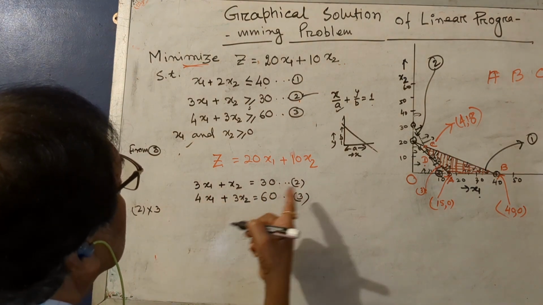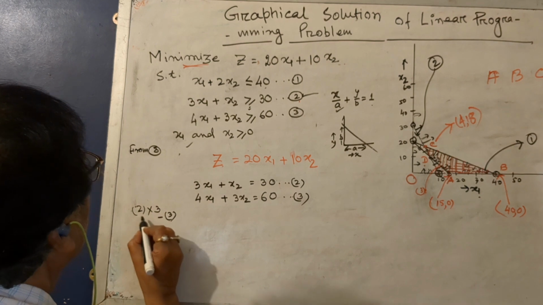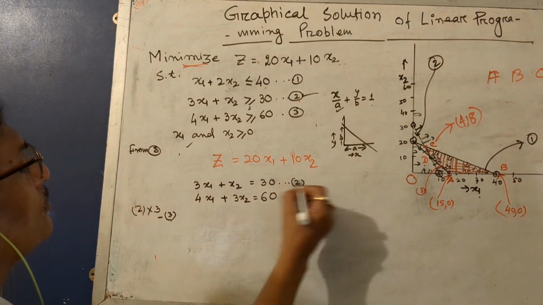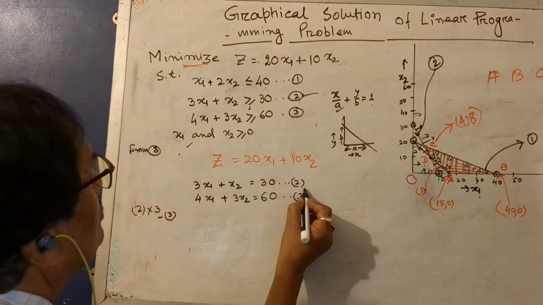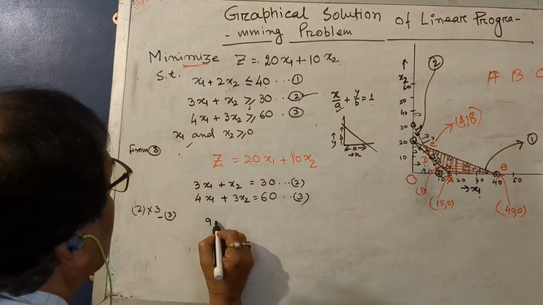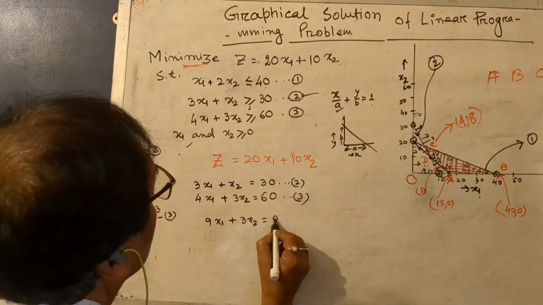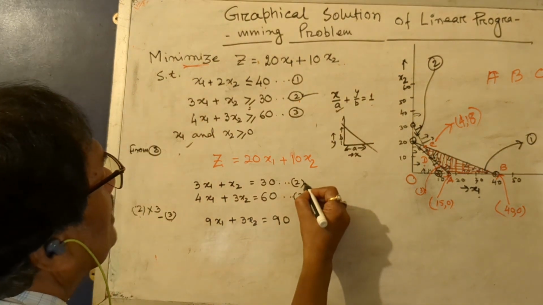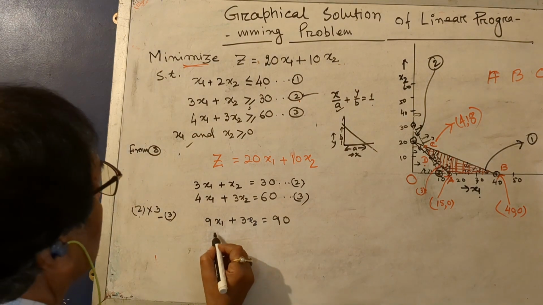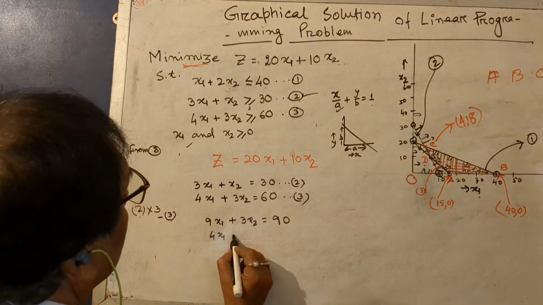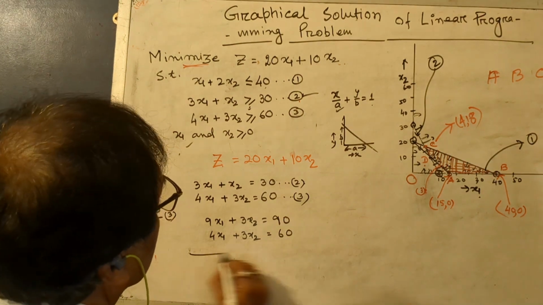If you multiply this and then subtract: multiply equation 2 by 3. That is 9x1 plus 3x2 is equal to 90. Multiply this by 3 and then subtract it from equation 3, which is 4x1 plus 3x2 is equal to 60.